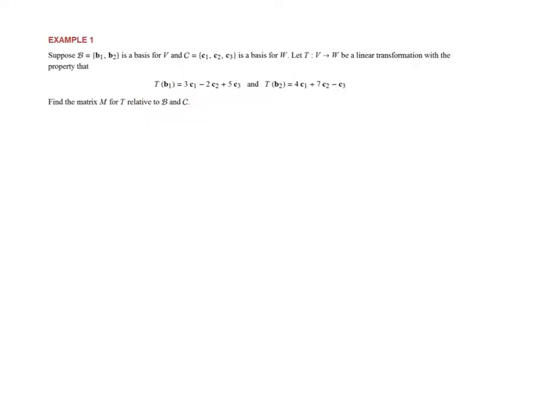So just to introduce the notation, if I have the basis vector in terms of c, then I can write T of b1 relative to basis c in this different notation as a vector, 3, -2, 5, and T of b2 relative to c is 4, 7, -1.